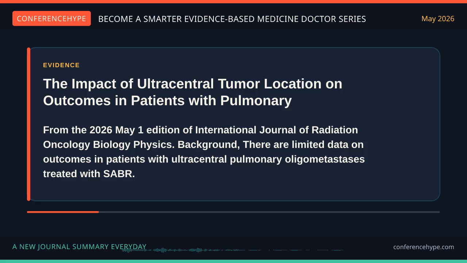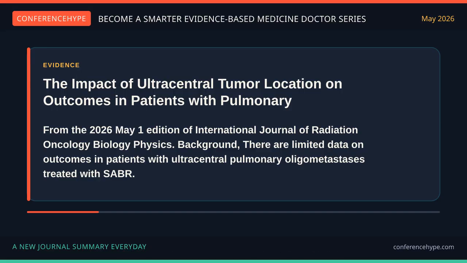Background: there are limited data on outcomes in patients with ultracentral pulmonary oligometastases treated with SABR. Methods: oligometastatic lung lesions treated on the single-arm Phase 2 SABR-5 trial were retrospectively stratified into 2 cohorts: ultracentral tumors, defined as planning target volume overlap or direct tumor abutment to the proximal bronchial tree, esophagus, great vessels, or heart, and non-ultracentral tumors.